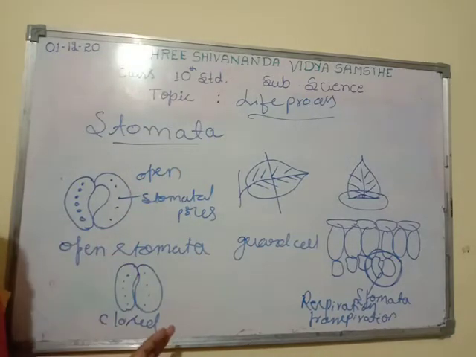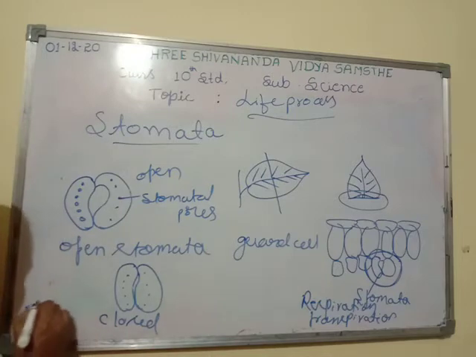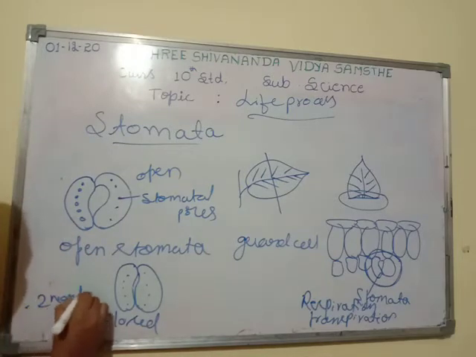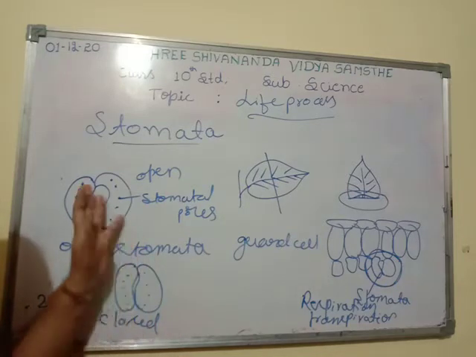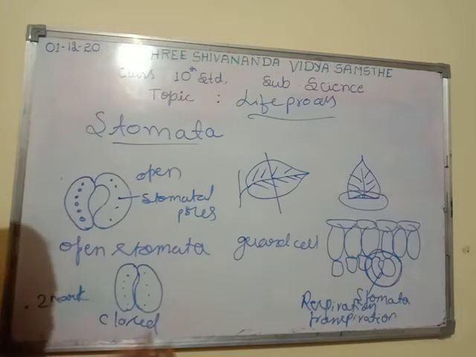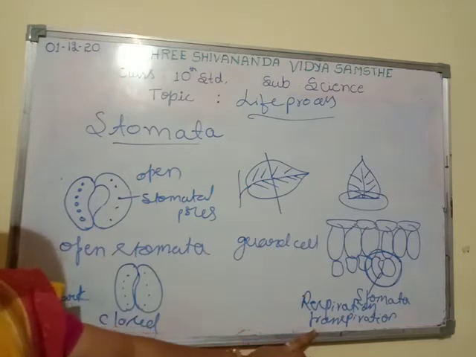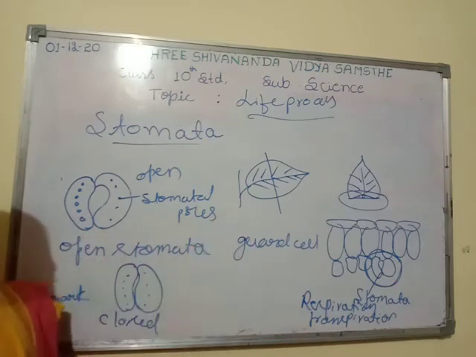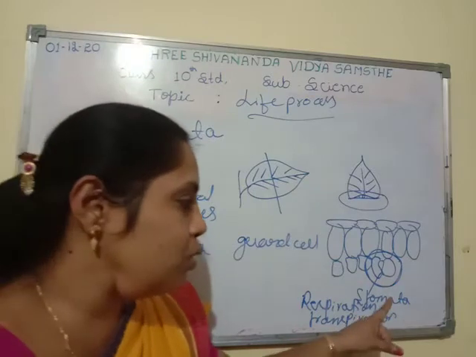Both are very important. They may ask this figure for 2 marks. Keep in mind these two figures are very important. They are also known as guard cells. They help in guarding the plant through respiration and transpiration. Plants respire through the stomata.